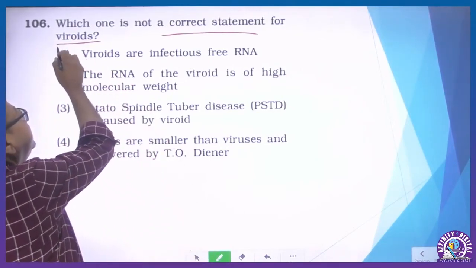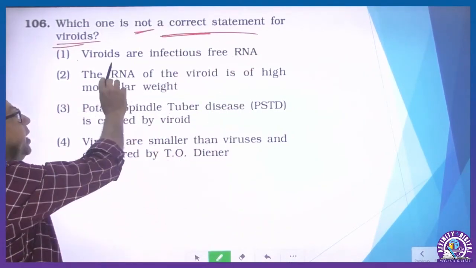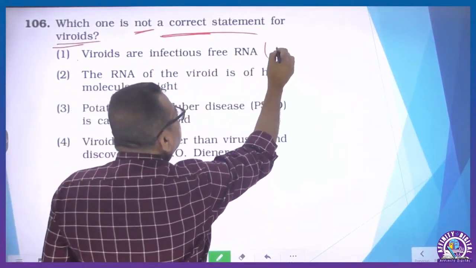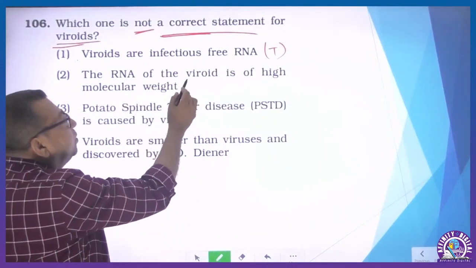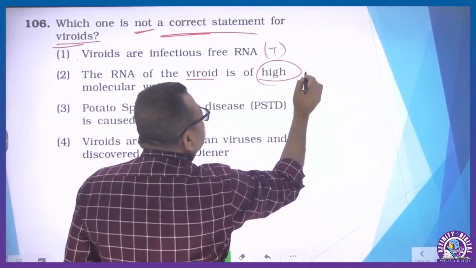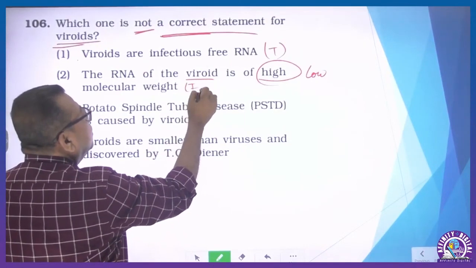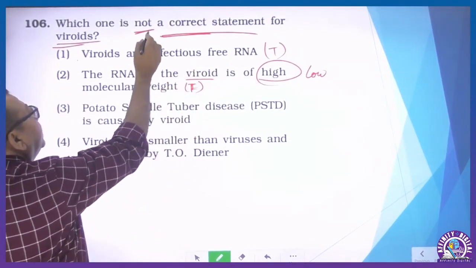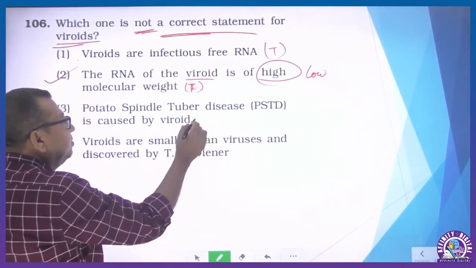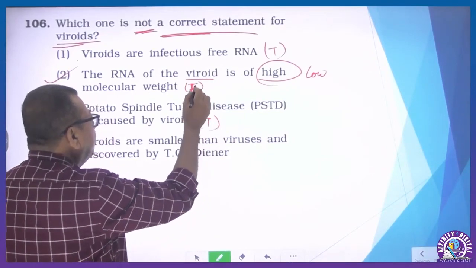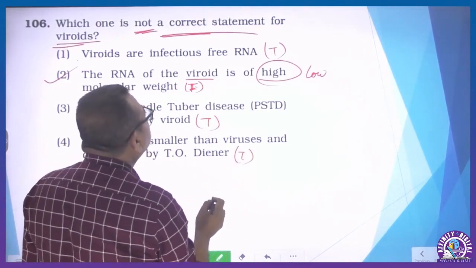They are asking you about which one is not a correct statement for viroids. Viroids are infectious free RNA. True, this is correct. The RNA of the viroid is of high molecular weight? No, it should be low molecular weight. So this is false. What have you been asked to find? A statement that is not correct. So this will be the answer. Potato spindle tuber disease is caused by viroid. True. Viroids are smaller than viruses and discovered by T.O. Diener. True. So which is the incorrect statement?